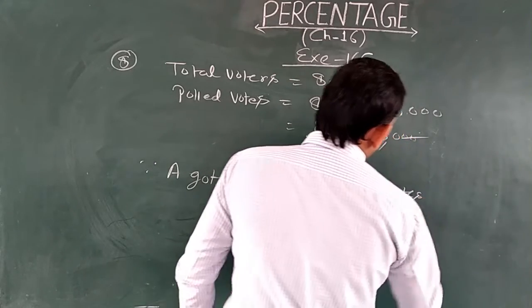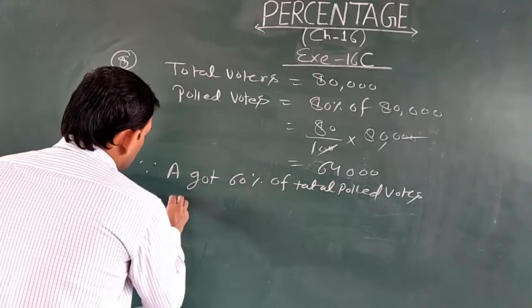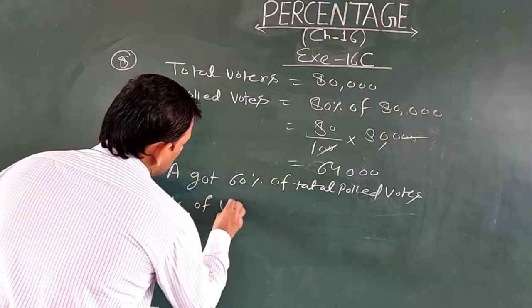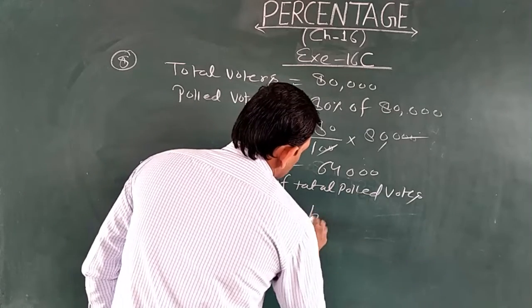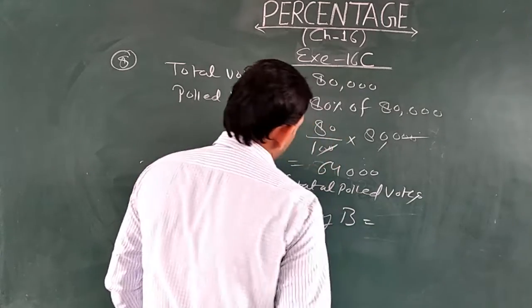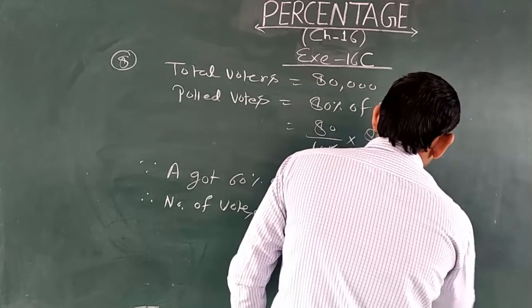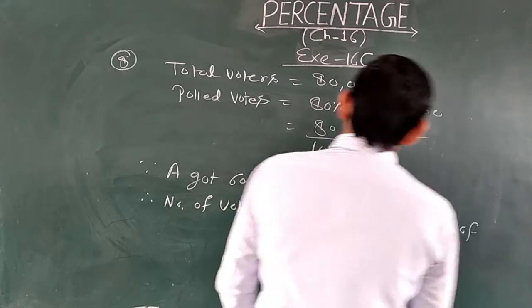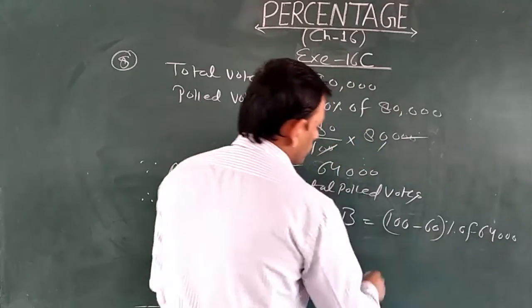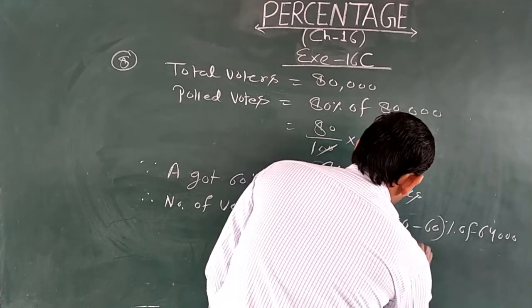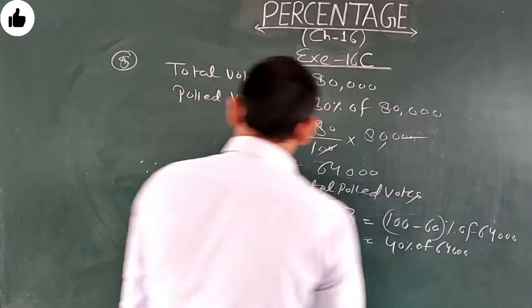Okay, A got the 60% of total polled votes. Therefore, the number of votes got by B is equal to 100 minus 60% of total polled votes. Okay, it is 64,000. Now we will solve it. We will get the 40% of 64,000.